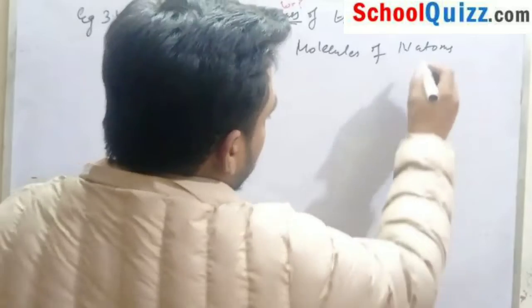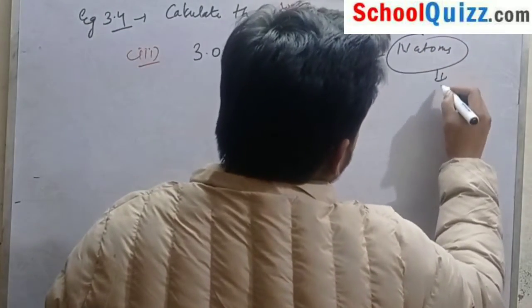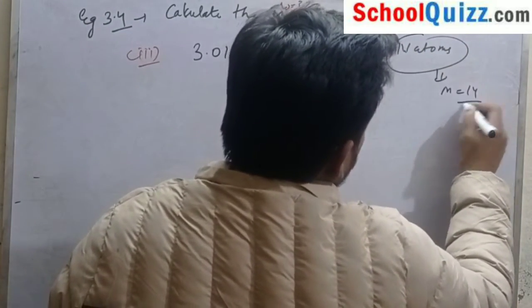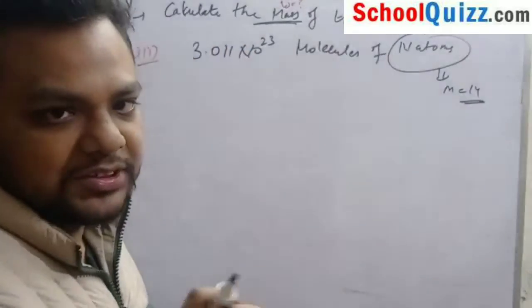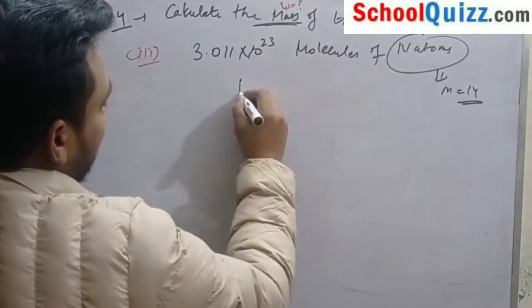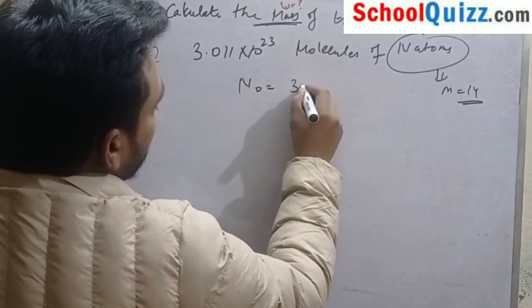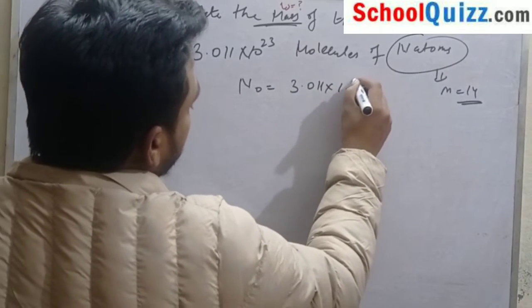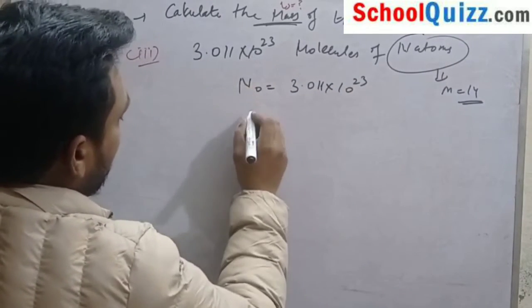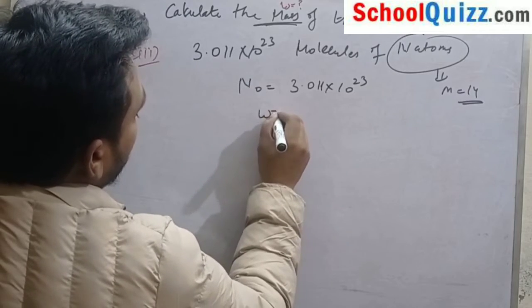Okay, so for nitrogen atoms, first we will note that M is 14, not 28, M is just 14. The number of particles is given as 3.011 into 10 raised to power 23, and W we have to find.